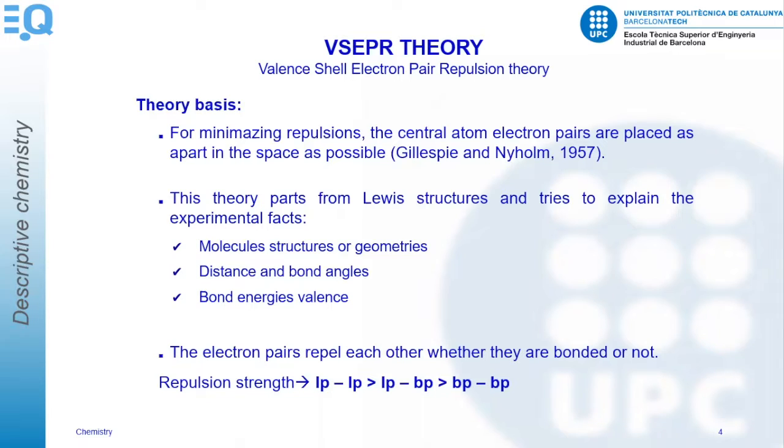If two electron pairs are not bonded, as lone pairs, the repulsion between them is much higher than if they both were bonded. In the middle of the strength scale, we have the repulsion between one lone pair and one bonded pair. This explains molecule structures, distances, bond angles, bond energies and valences.